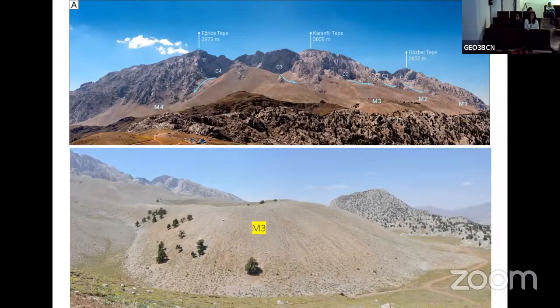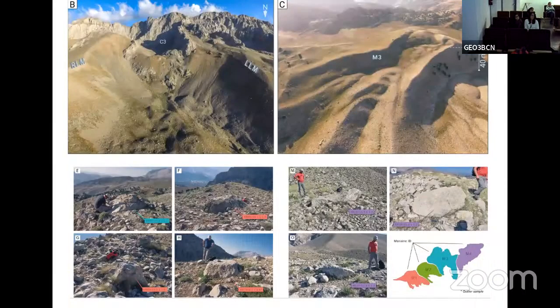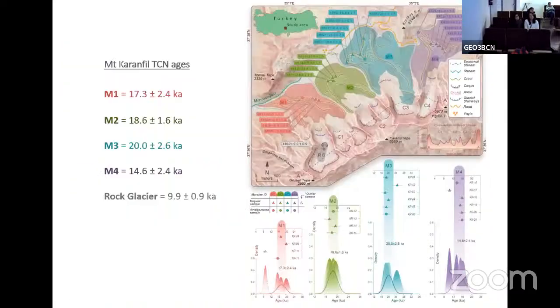This is Karanfil, a mountain. Those are cirque areas and the moraines. This is beautiful, you can see moraine and moraine. We have a 4-moraine system there. We sampled those boulders, and with the drone, you can see beautiful moraine with boulders and recessional moraines.